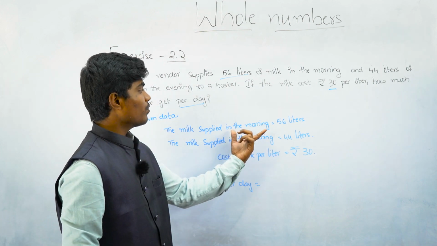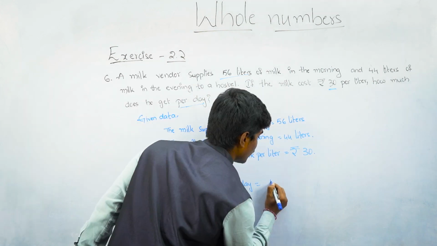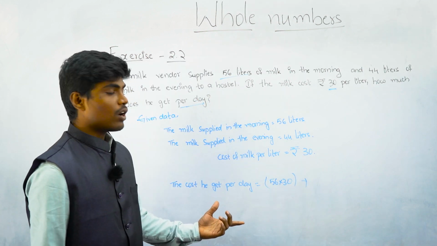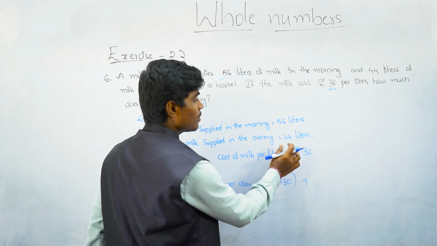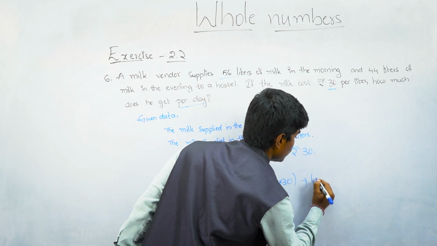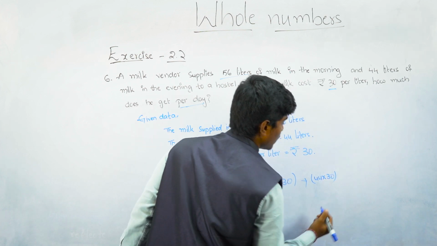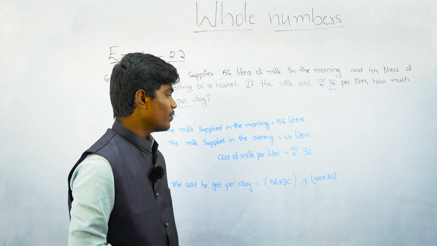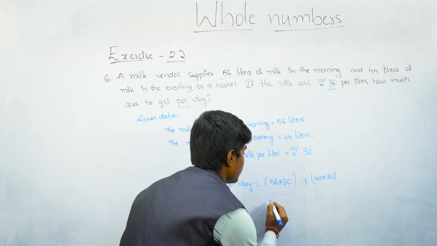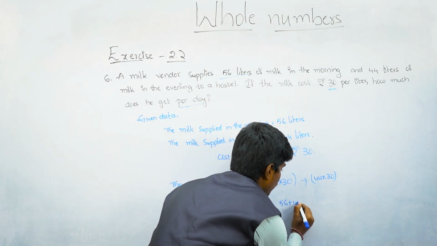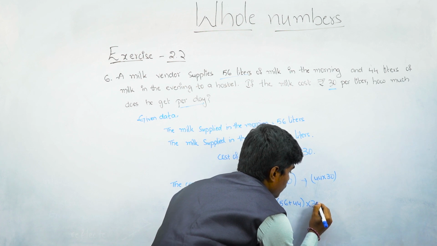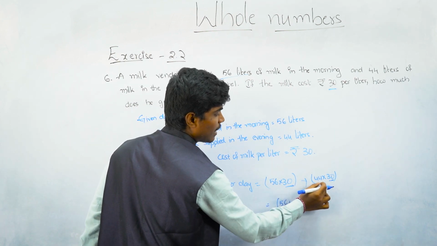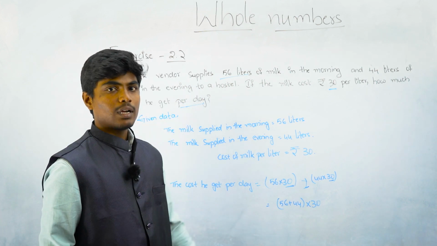So the cost of milk supplied in the morning is 56 into 30, and in the evening it is 44 into 30. Here, 30 is distributed over addition, so we can rewrite this as 56 plus 44 into 30.